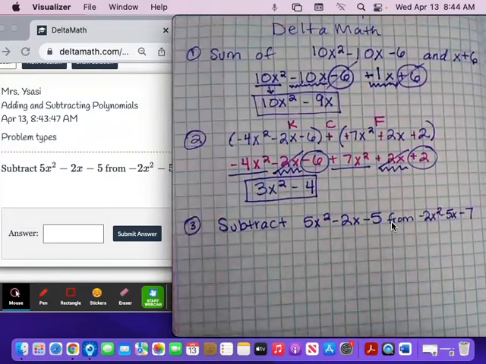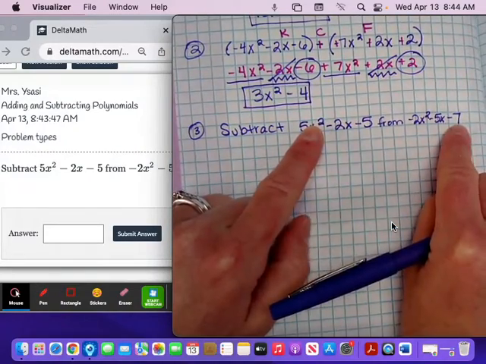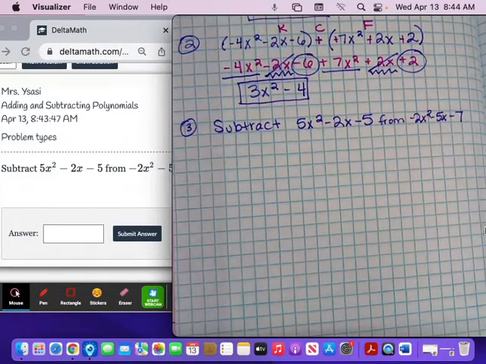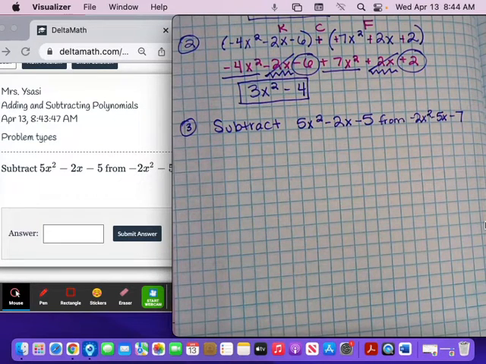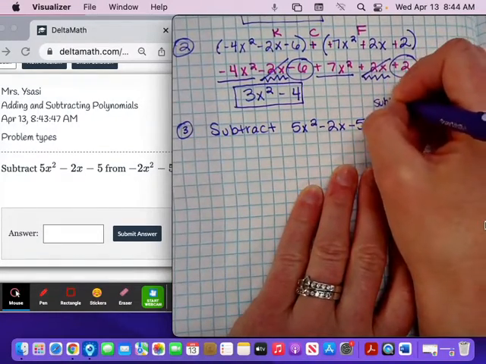Okay, so we know we're going to be doing subtraction, but the thing is, it says subtract this from that. So the way that I try to help y'all know the order is by saying subtract 5 from 20. If I say subtract 5 from 20, what operation do you actually do? Yeah, it's 20 minus 5.